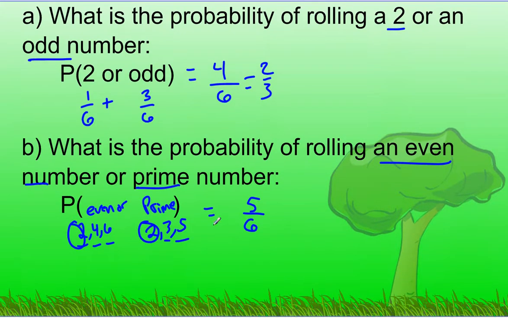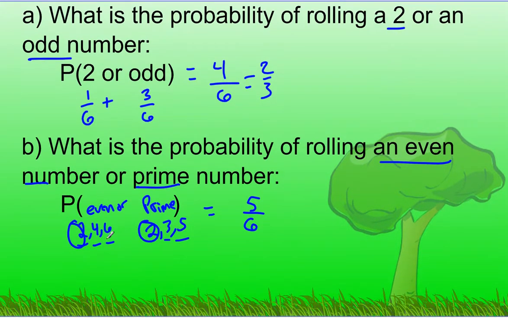And the way you can think about this, if you like using formulas, it's the probability of the first. Or I should say, let me try that again. It is 1/2, but I'm simplifying in my head. 3 out of 6 for the first, 3 out of 6 for the second, minus how many things are overlapping? How many things are in both categories?